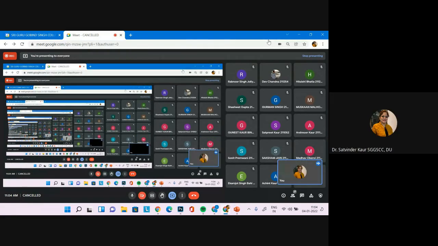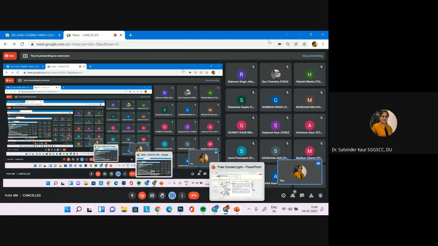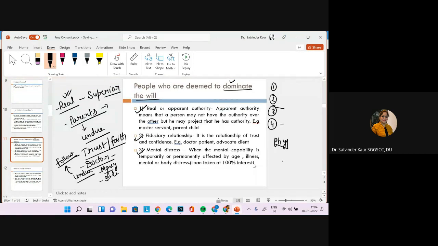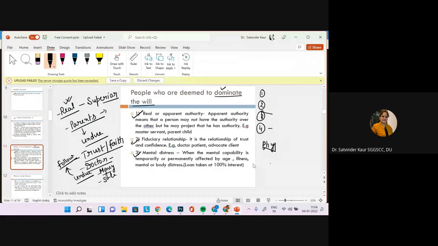No, no. We are talking about the circumstances where the domination of will is possible. When we talk about the fiduciary relationship, it's not required that you always take a decision on the basis of trust and faith. For example, if I have visited a doctor and I am an educated person with good knowledge of medicines, and I think that this particular treatment is not right or the doctor is not guiding properly or is dominated by some other personal motive, then in that case I can have a second consultation.